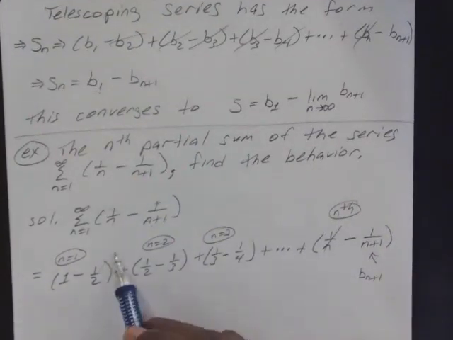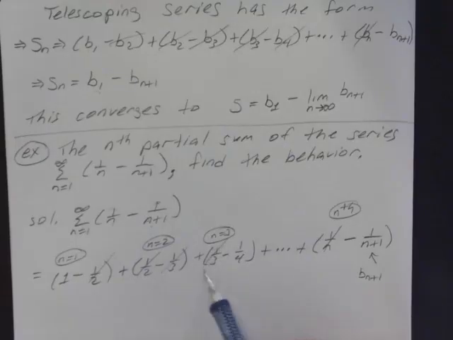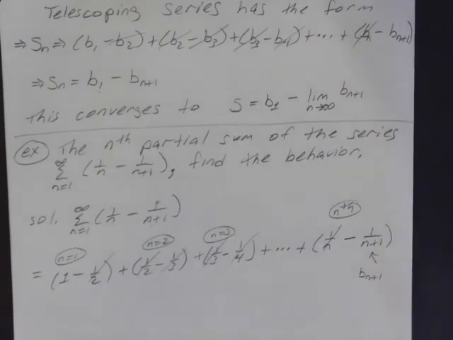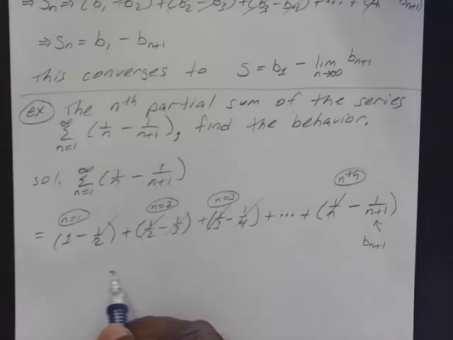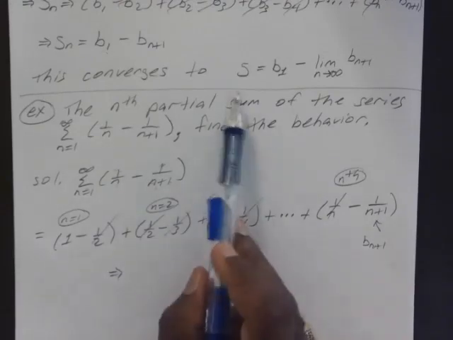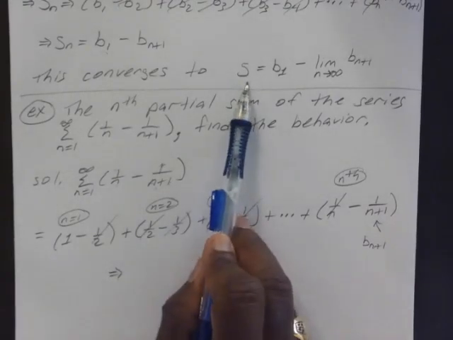Because all of these terms in here are just going to cancel out. At 1/4, it'll be a positive 1/4 over here. Okay, so we can know what it converges to.